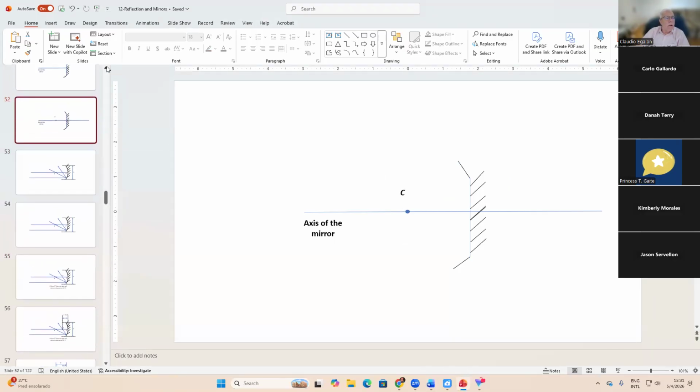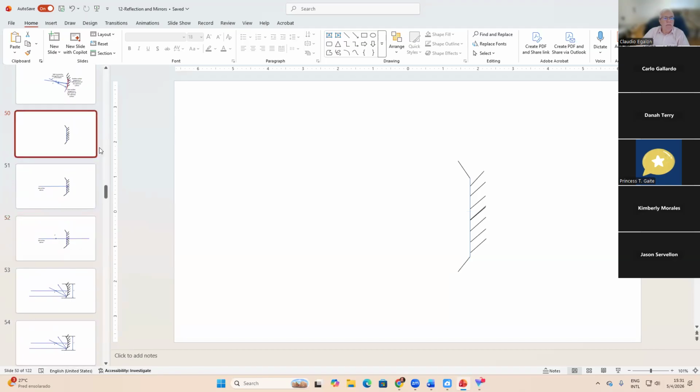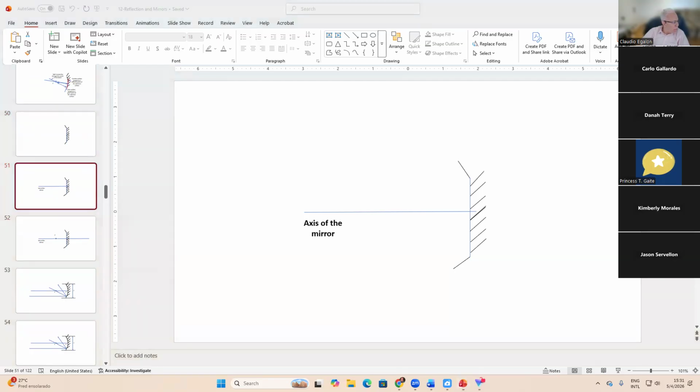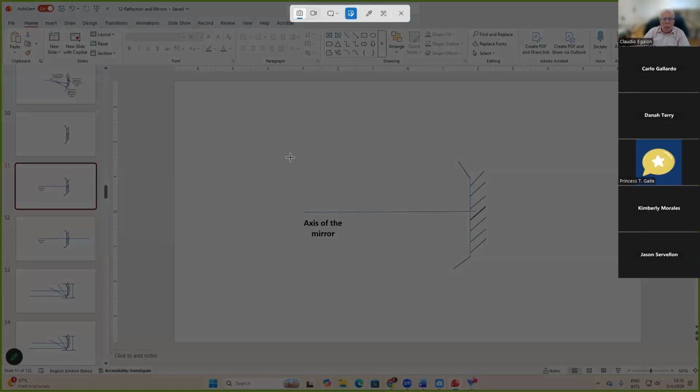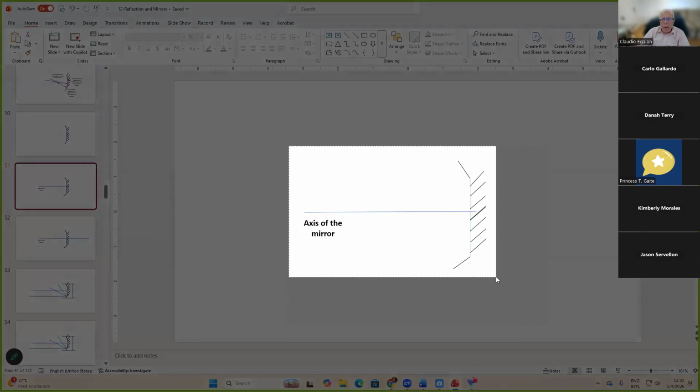A simple representation of the concave mirror is this one here, with the axis of the mirror.